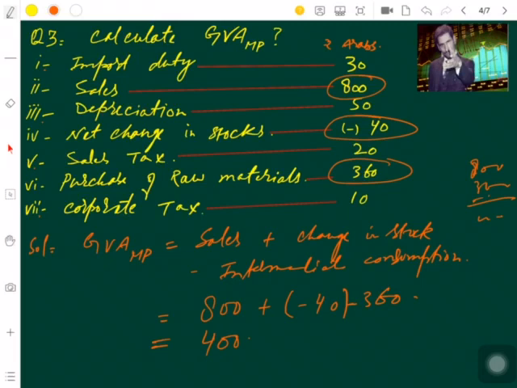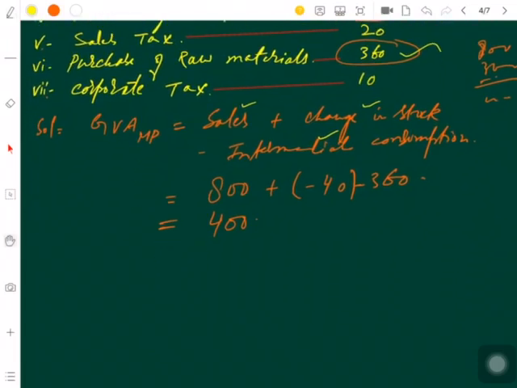Now in this question, you must be thinking that we have been given 1, 2, 3, 4, 5, 6, 7 components, but we actually use just 1, 2 and 3 components. What of the rest? We do not require them. It is there, let it be. We don't have to use them.